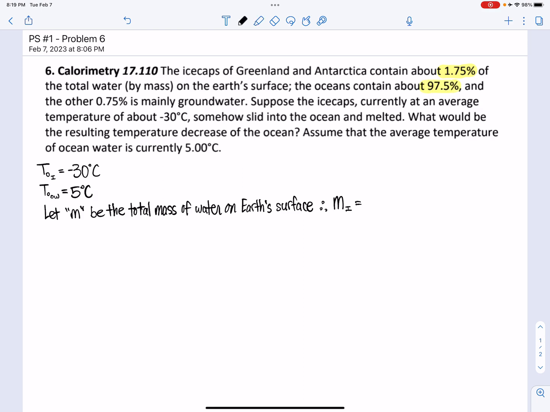So the mass of the ice caps is 0.0175 M, with M being the total mass of water on the Earth's surface. And the mass of ocean water is 0.975 M.